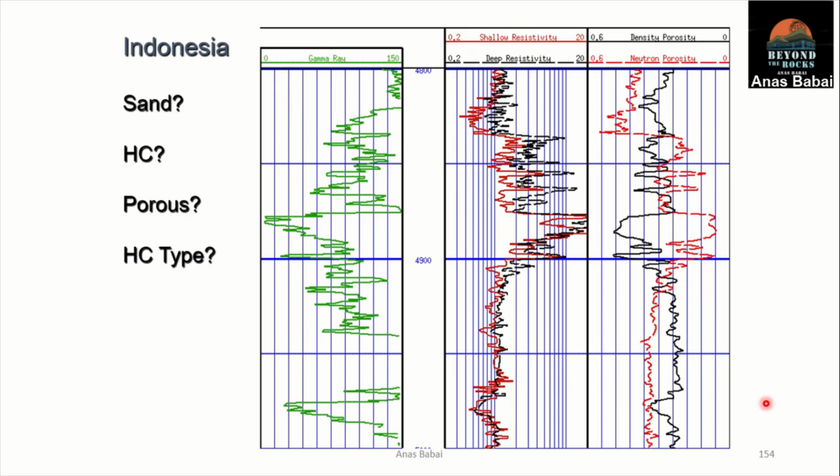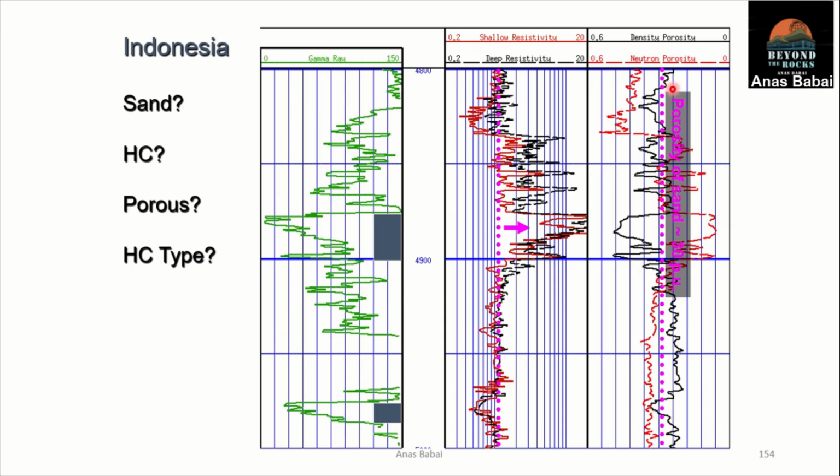Now another example is this one. We have this zone in which there are two reservoirs, both having a low gamma ray. Now we come to the resistivity to identify the zones of hydrocarbons. We find this zone, and now we come to the porosity.